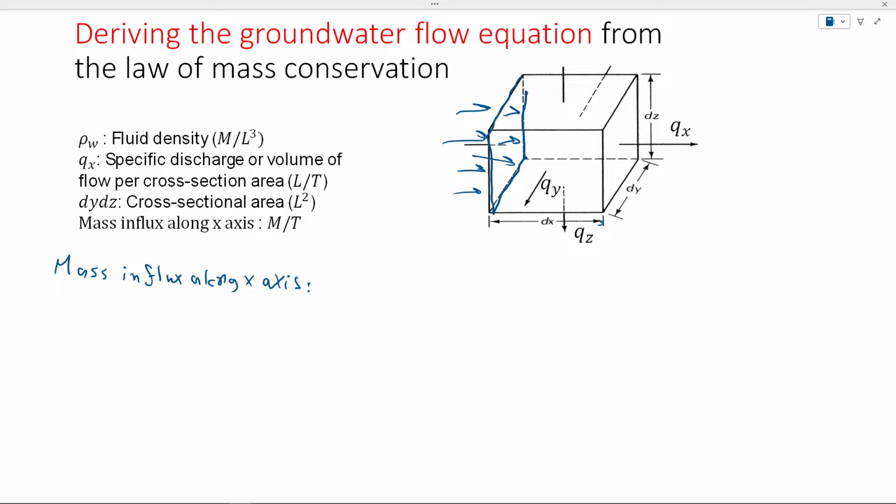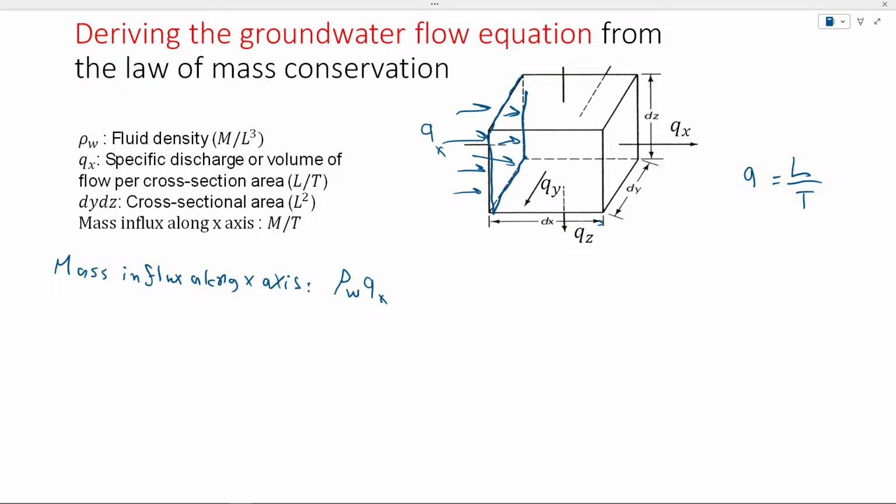Something is coming in along this boundary. What will this something be? Remember, we have seen this before in the conservation of mass: rho water Qx. Q here is flux, so this is Qx, the flux density, and Q has a unit of length over time. That's the flux that's entering.